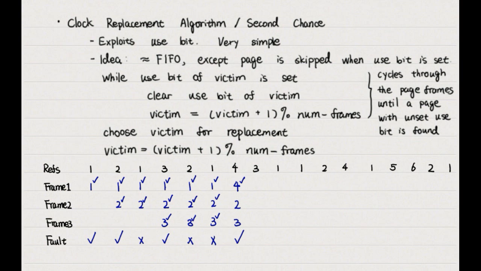And there's page fault. Because 3 is used, so we set the use bit of 3. No page fault here. Now we have 1, and 2's use bit is not set, so we replace 2 with 1. And set 1's use bit.